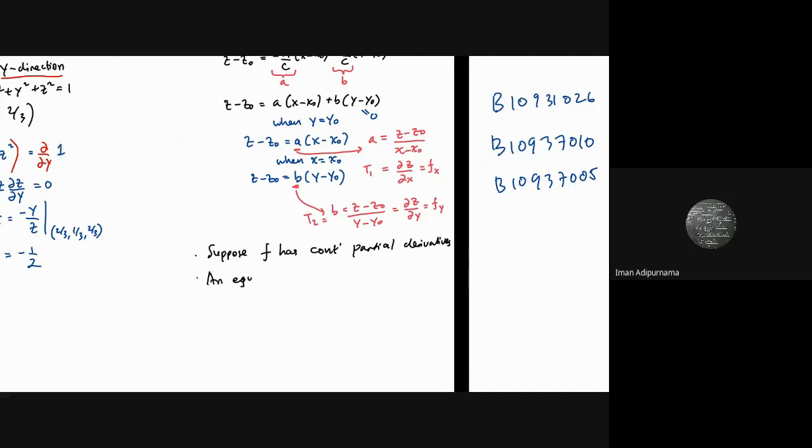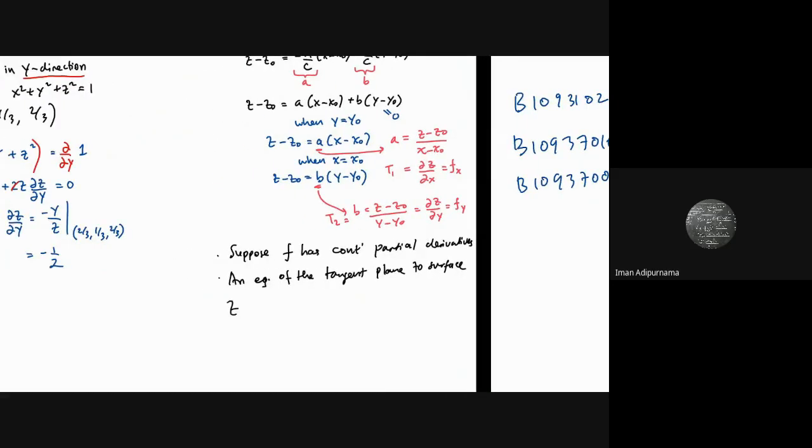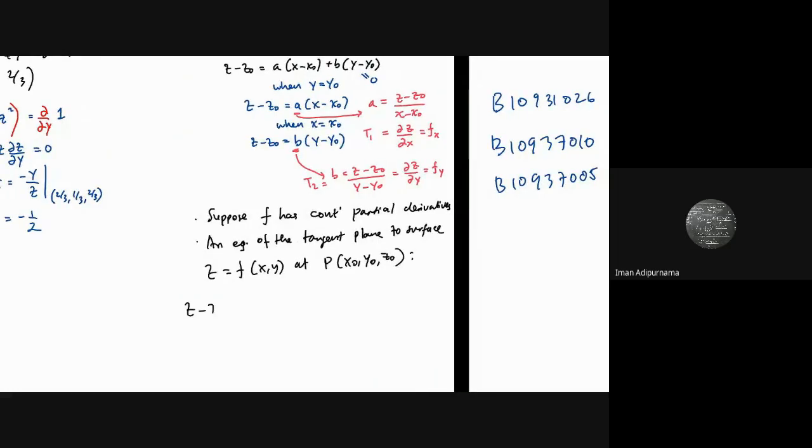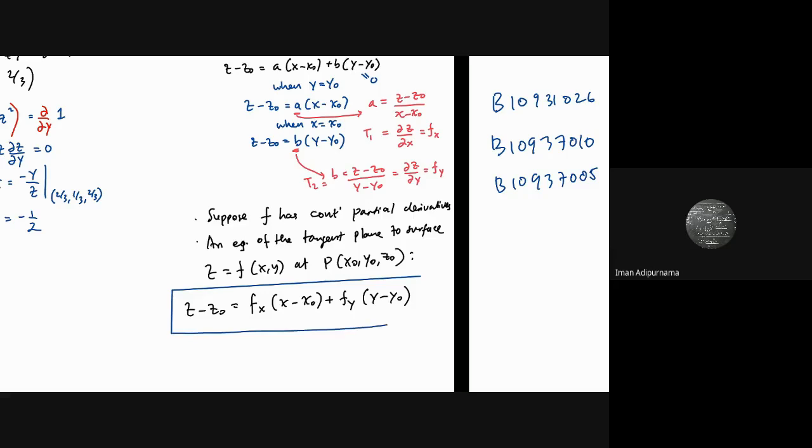An equation of the tangent plane to the surface, the surface is Z, at point P is Z minus Z0 equals fx.